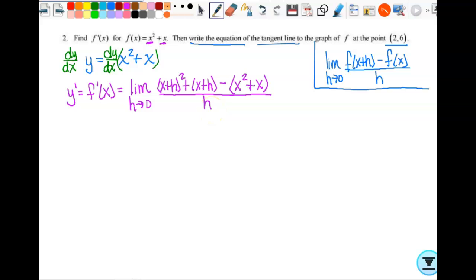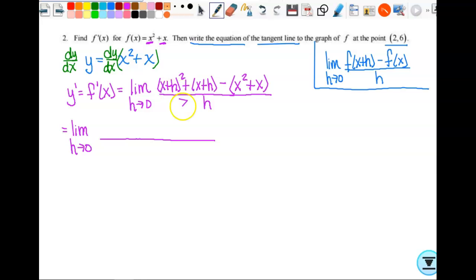Okay. Everybody with me? And remember, notation is everything on this stuff, and you can't drop that limit. If I don't write the limit here, it's not actually the derivative. That's all part of it. And I don't get to drop the limit until I actually evaluate. So then my next step, I have to rewrite the limit as h approaches 0 of, right? So now I'm going to square this.